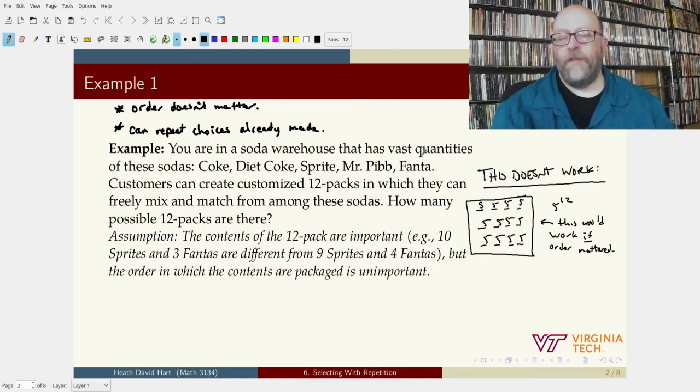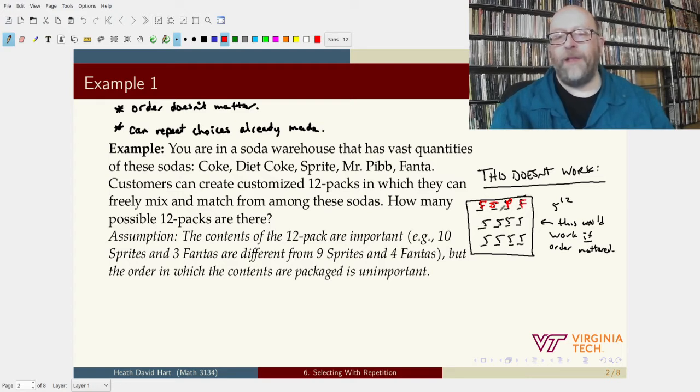And let me see if I can sort of justify what's going on here. If we just do 5 to the 12th, I might choose Fanta for my first soda, and then I'm free to choose for the second soda, so I might choose Sprite, and I might choose Mr. Pibb for the third soda, and then Fanta for the fourth soda.